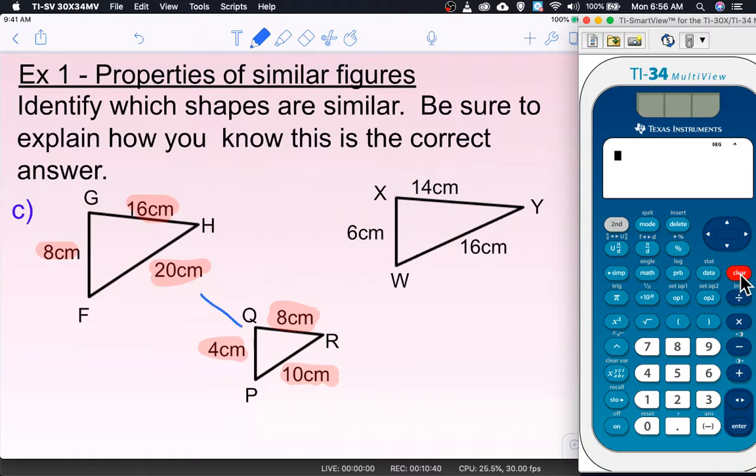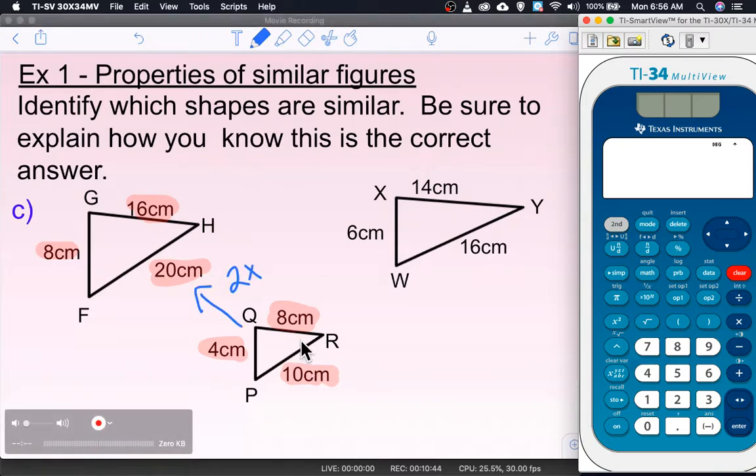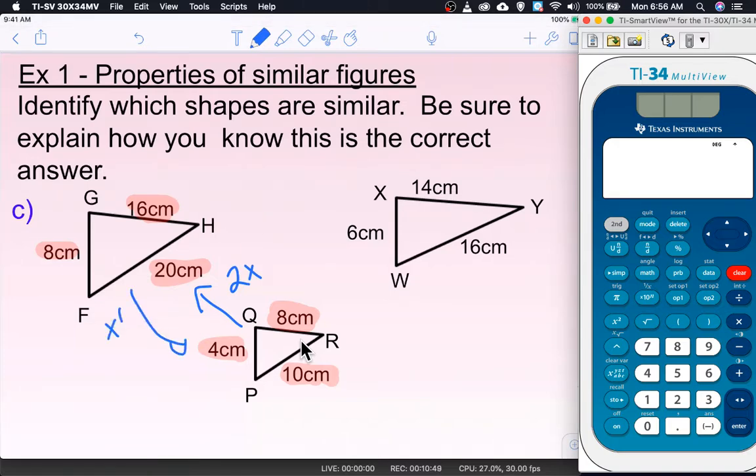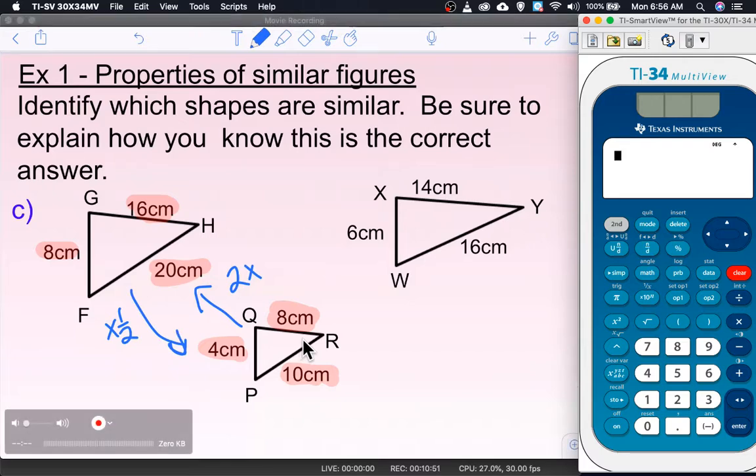So this triangle is just 2 times bigger than the small triangle. Or the reverse, it's times by 1/2. Remember how that's a result of a dilation? Well, if you took this triangle and you dilate it with times by 2, scale factor of 2, you would get this triangle. So we know that right from the very beginning.